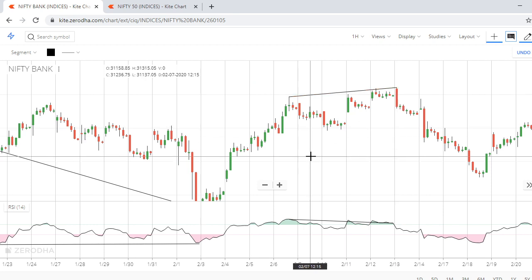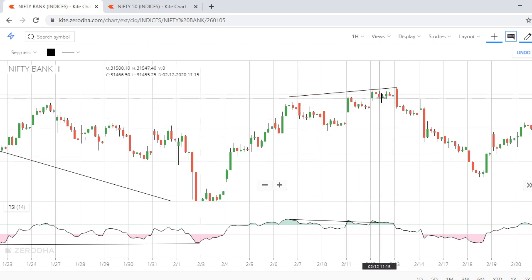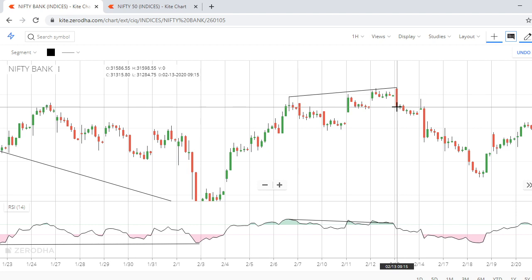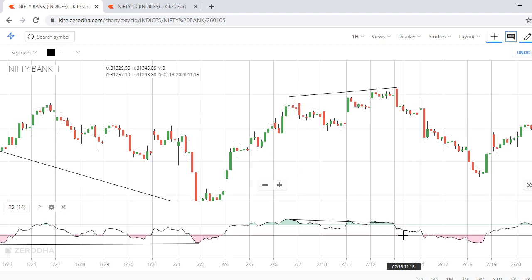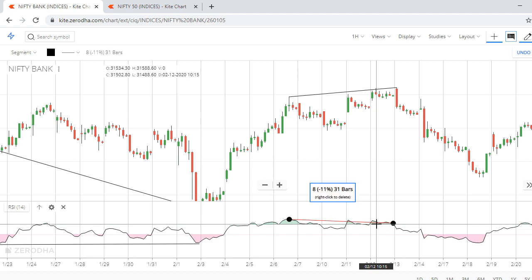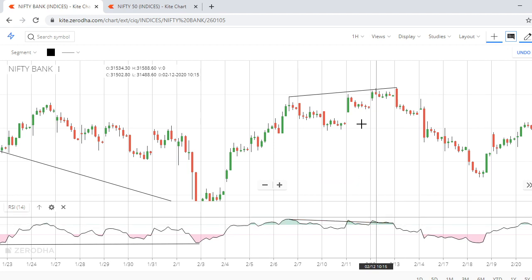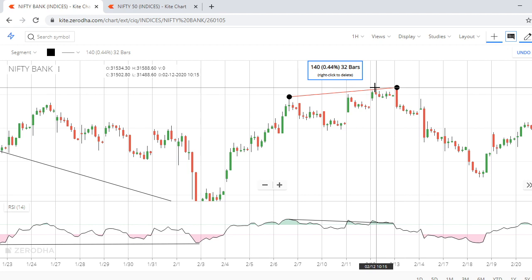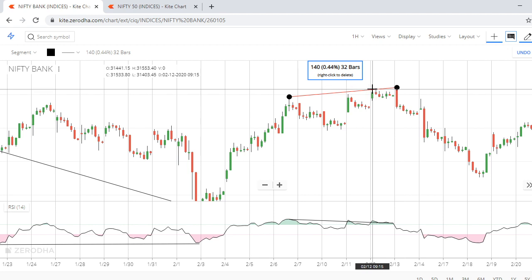See? RSI is coming down, price is going up. There is a divergence. Now after this red candle, it started dipping below 40, below 60, and as we said both the levels are above 60, so this is a good time to short. Even our price action is telling that there is a price rejection at this level, 31,600 level, so it's a good time to short.